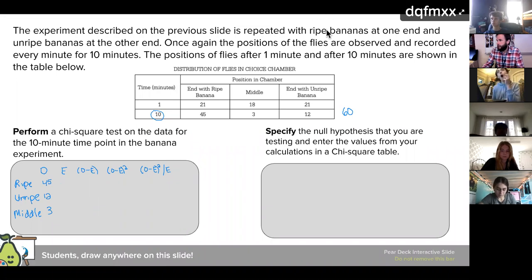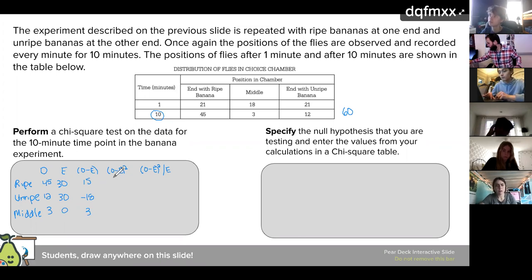But again, it doesn't matter. Either approach would work. All right, so the math is going to be pretty simple. That's 15. That's actually negative 18, right? And 3 minus 0 is 3. 15 squared, 225, right? Calculator people?